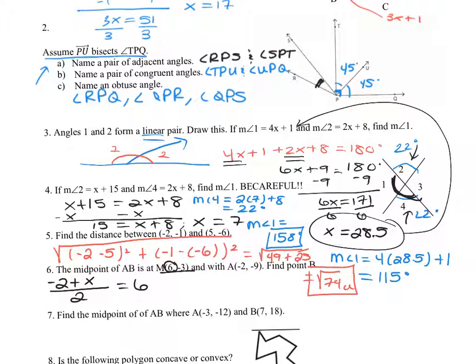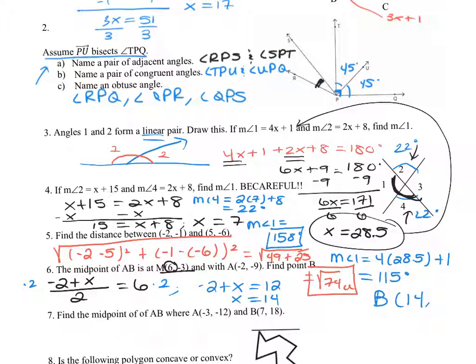So then I solve it. I multiply both sides by 2, and I get negative 2 plus x equals 12. I add 2 to both sides. X equals 14.